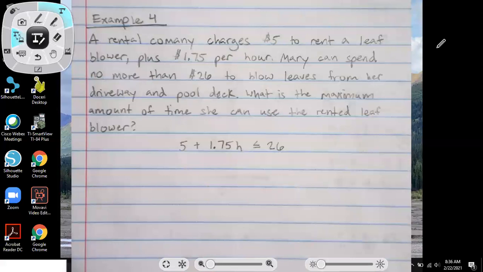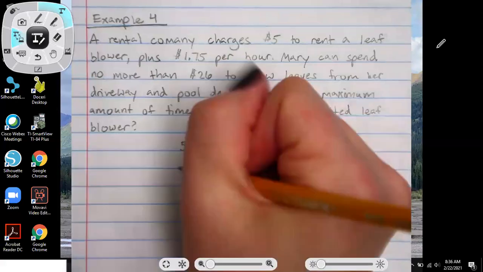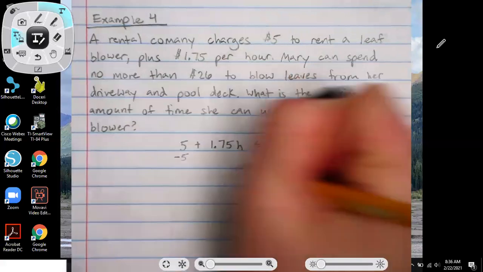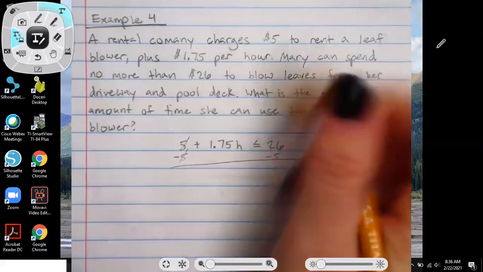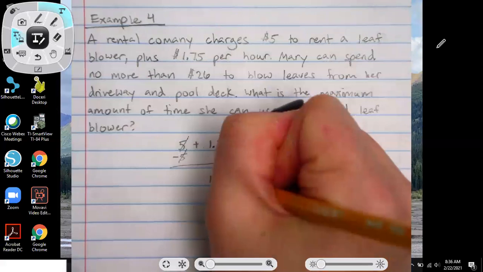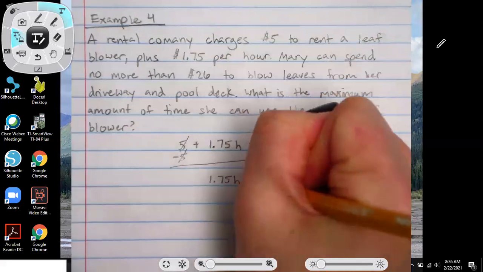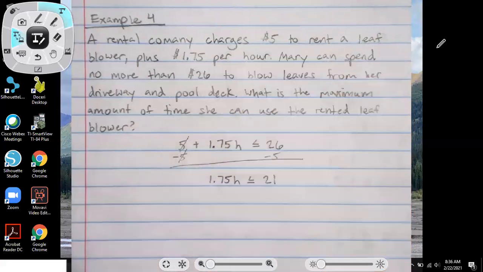Okay, now we solve the inequality. So subtract 5 from both sides. 1.75H is less than or equal to 21.